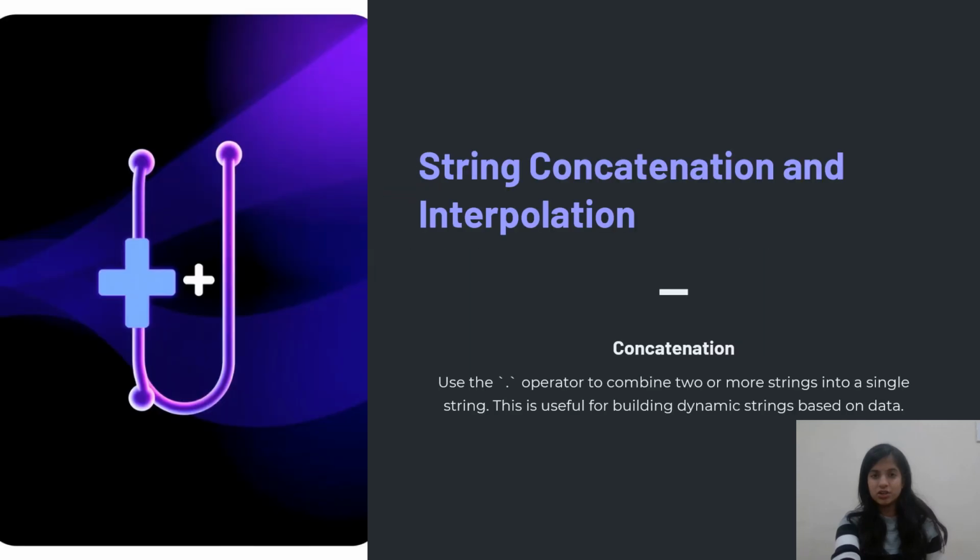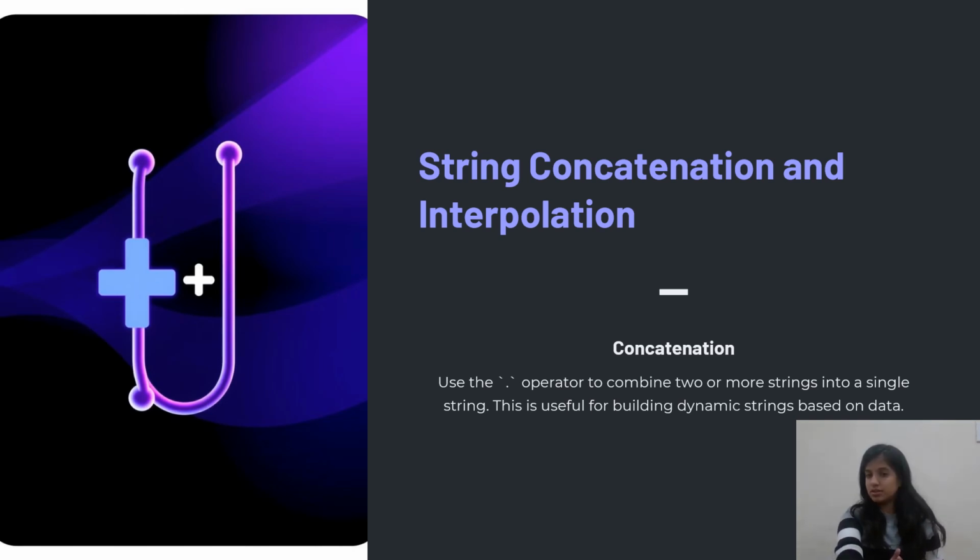On the next slide, we have string concatenation and interpolation. Concatenation means to add two strings. We have one string with the name Preeti and another string with my surname, Lalwani. We can concatenate the two strings into one, which will be Preeti Lalwani.